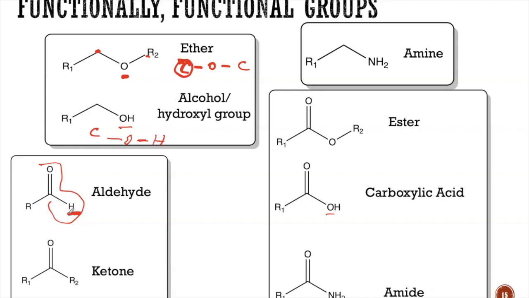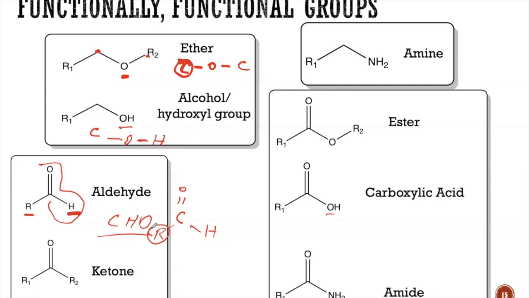And on the other side, it is characterized by attachment to a carbon. So often you will see it written as CHO, to distinguish it from the alcohol functional group. We know that means C double bond O, and the only other characteristic is that it's attached to some other carbon structure on the other side.